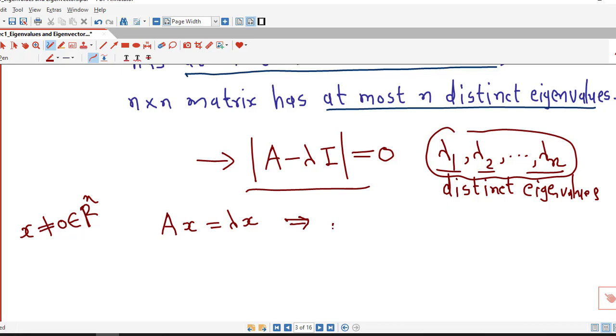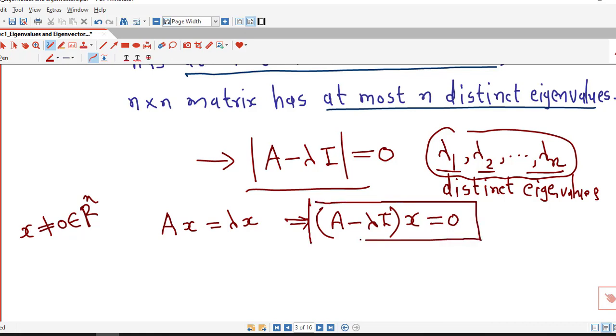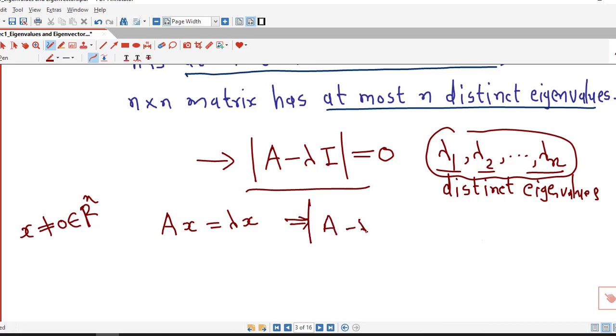And as we discussed, we can rewrite this as a system of linear equations. After finding the eigenvalues, we will put the values of the eigenvalues in this system one by one, and for each eigenvalue we will solve this system of equations.